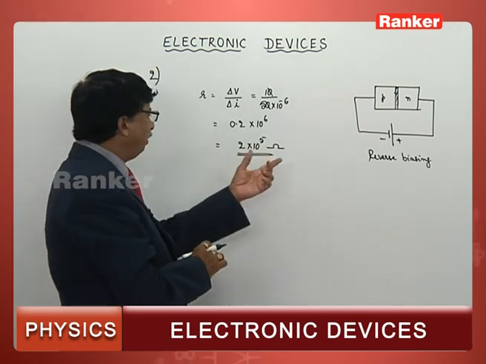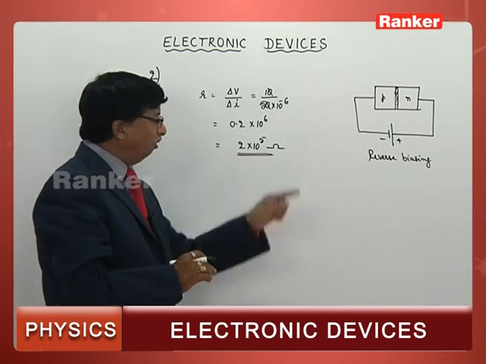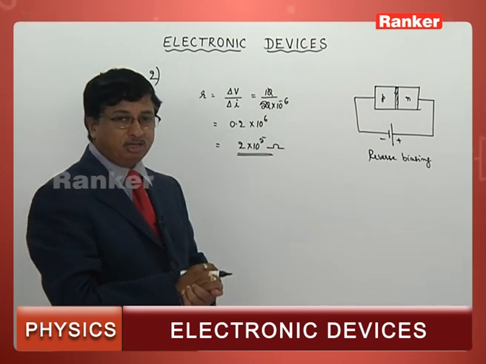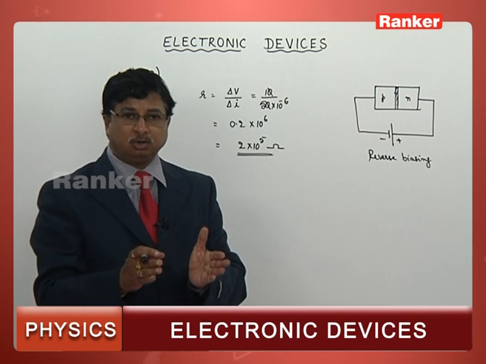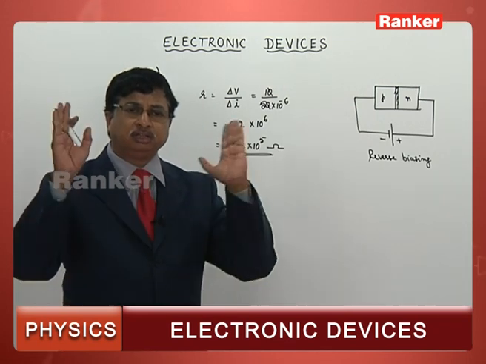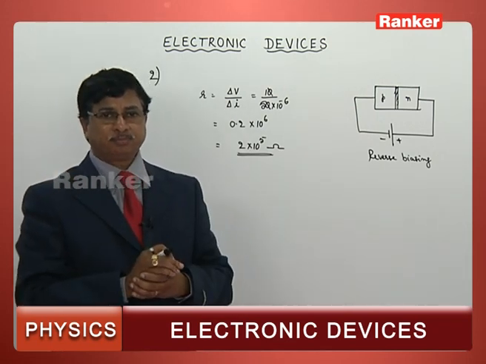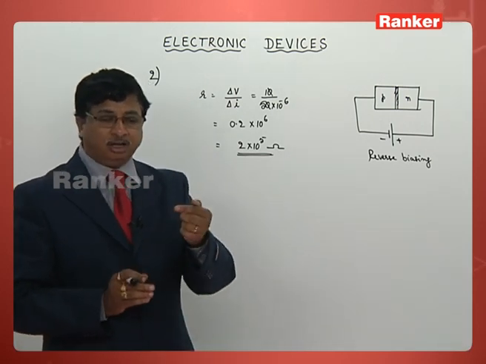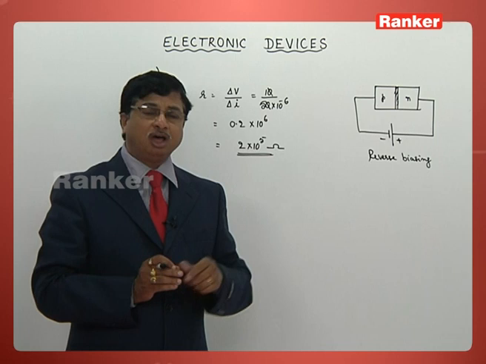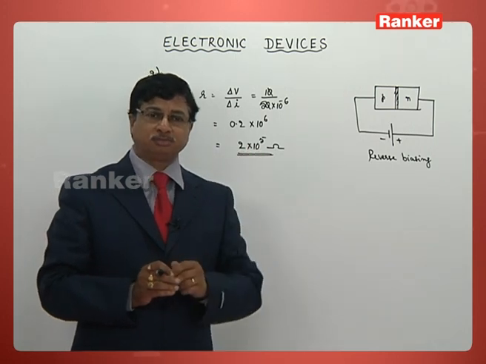But all of you should understand in this particular case, reverse biasing whenever we take up, the resistance of that diode increases enormously in that process. Due to that greater value of resistance, current across the junction diode automatically will be reduced.